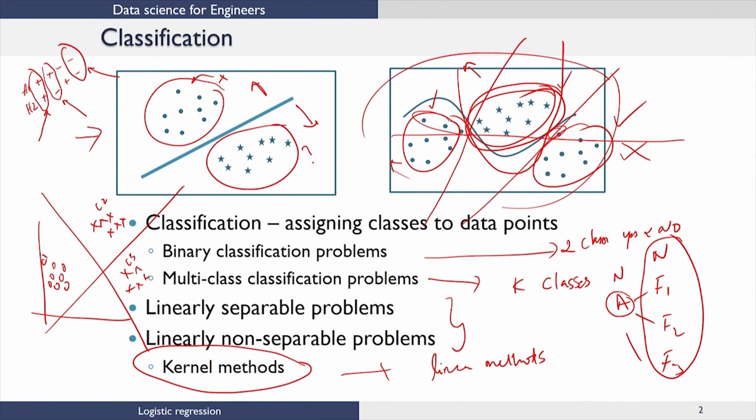So, the idea here is that if you choose certain forms of nonlinear functions which obey certain rules, and those rules typically are called kernel tricks, then you could use whatever we use in terms of hyperplanes, those ideas for solving those class of problems. So, kernel methods are important when we have linearly non-separable problems.